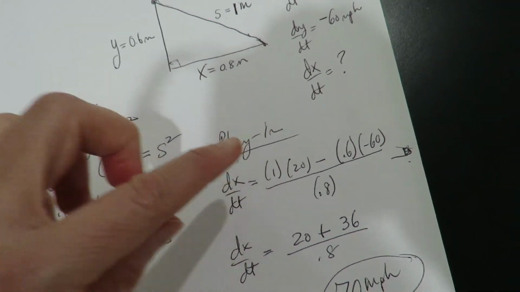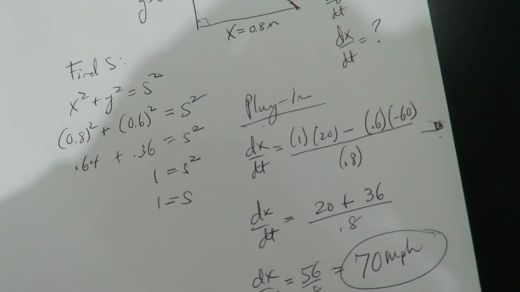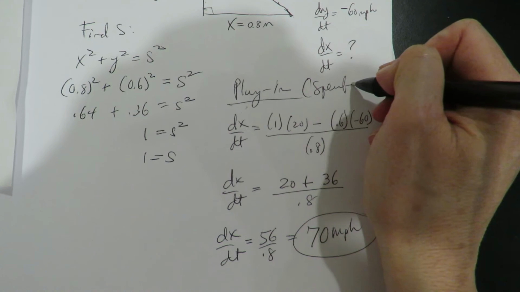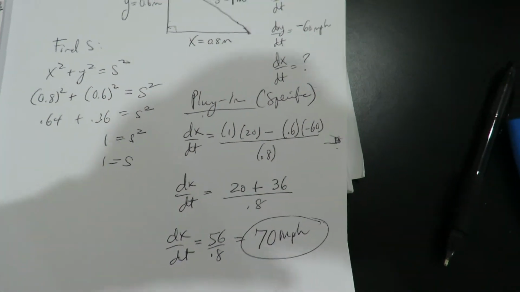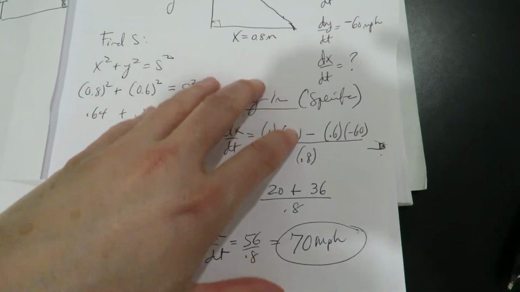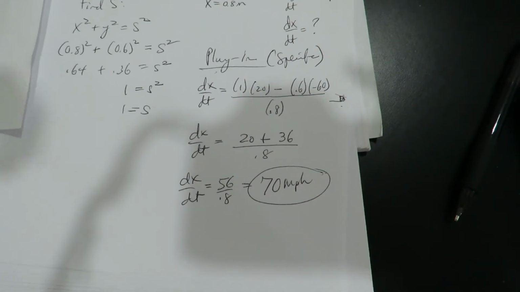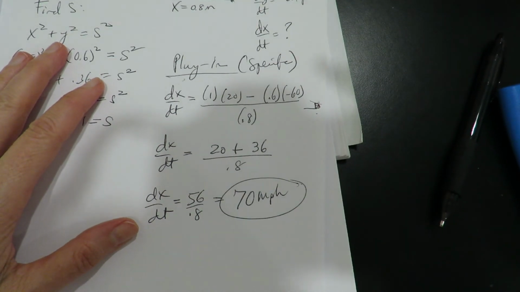This is where you use the specific information, in the plug-in. So now we go to the specific picture, we plug everything in, and we find out that the speeder is going 70 miles per hour.